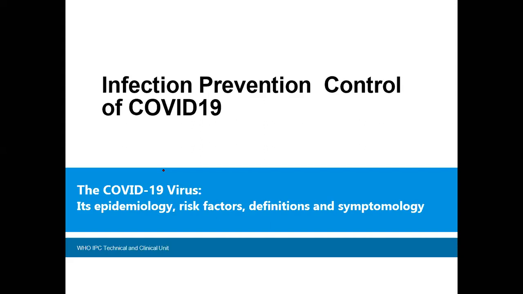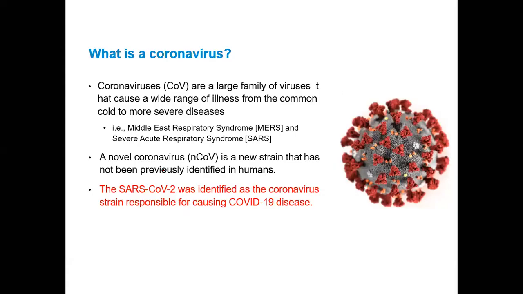First of all, we'll get some brief aspects and insights of some epidemiological factors and definitions and symptoms of COVID-19. Coronaviruses are a large family of viruses, as we know, that cause a wide range of illness from common cold to more severe disease. طبعا corona it is not the first time that cause some diseases or infections.